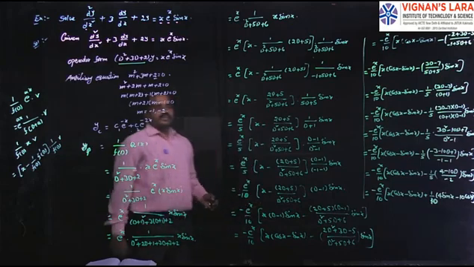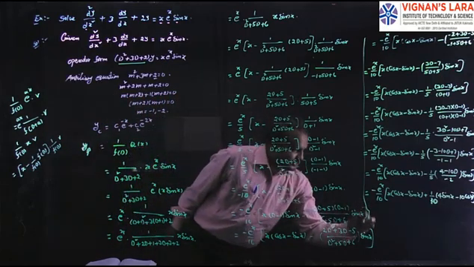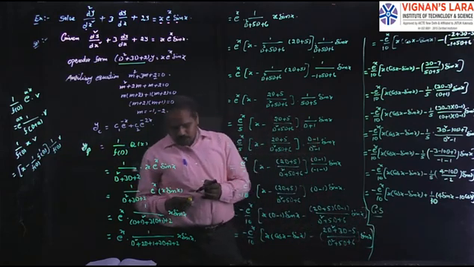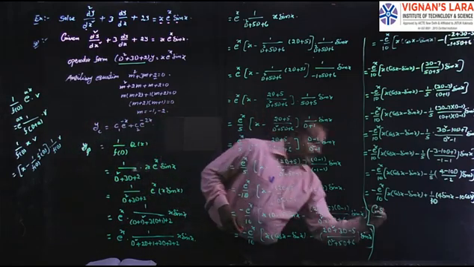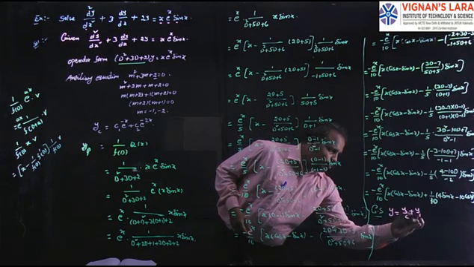So this is the particular solution. Now we are writing the general solution. What is the general solution? General solution: y is equal to yc plus yp.